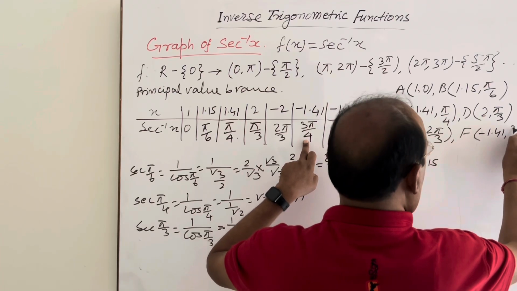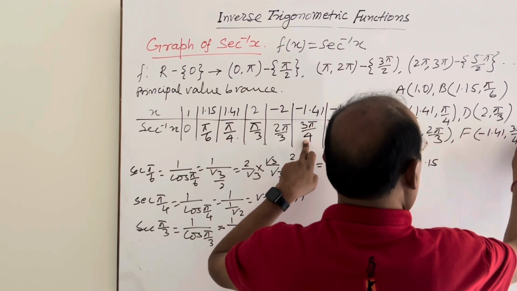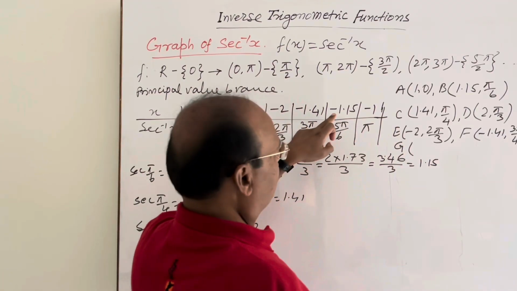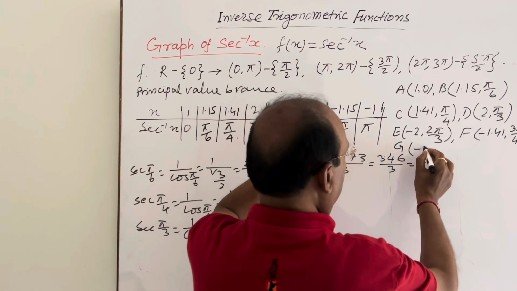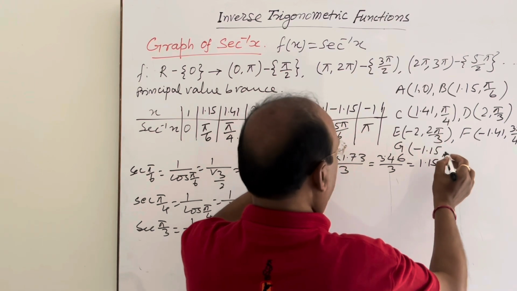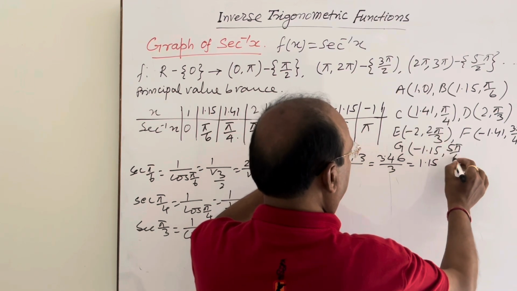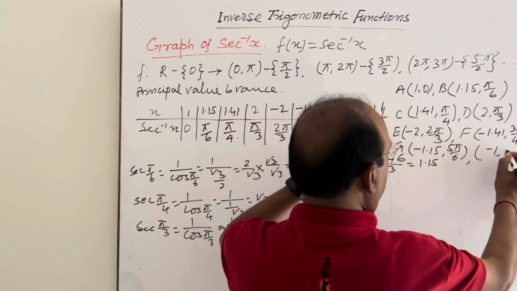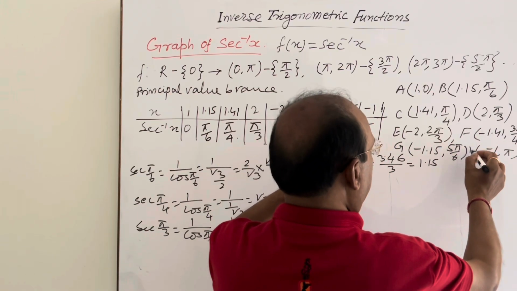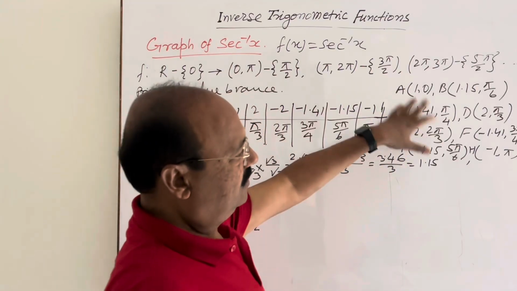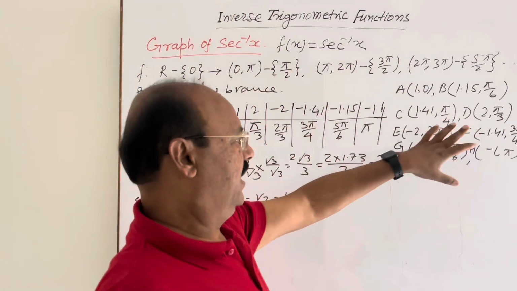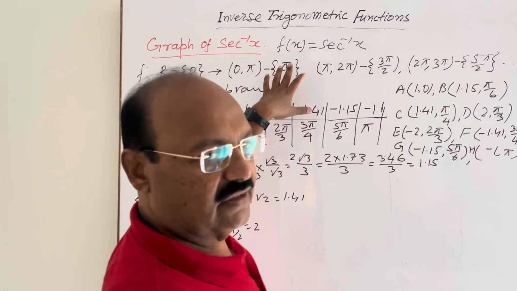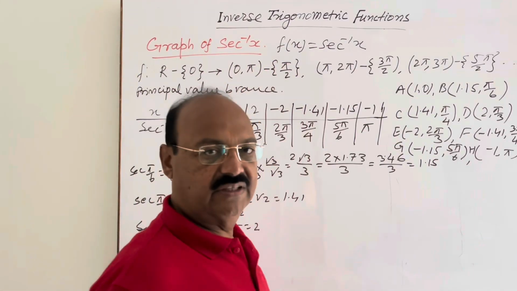Then we can take point G, coordinates minus 1.15 and 5 pi by 6, and minus 1 and pi. This is point H. So with the help of these points with coordinates, we can draw the graph of this function sec inverse x. So now let us take the axis system here.